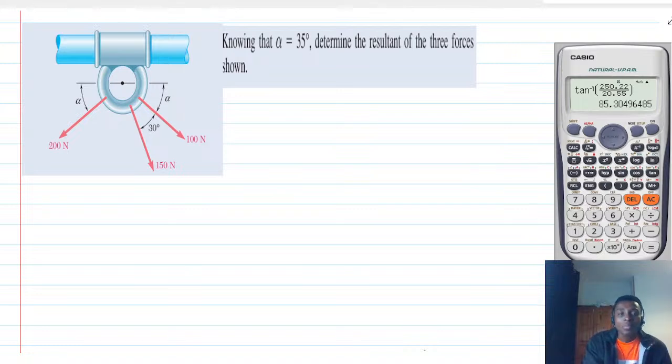Okay. So from this question, knowing that alpha is 35, determine the resultant of what? Of the three forces.